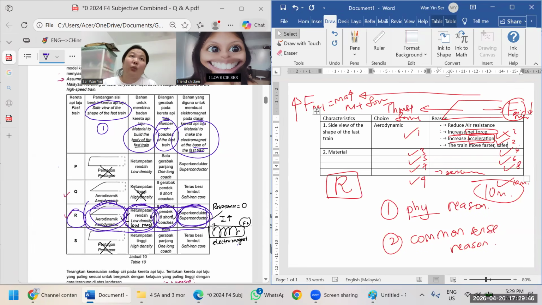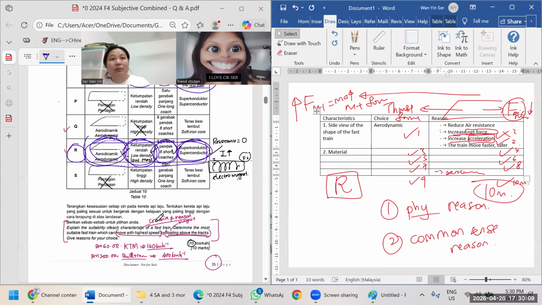Most of the time we want the physics reason first. Sometimes, not every time, a common sense reason is acceptable. So I encourage you all to write at least 1 or 2 physics reasons and 1 common sense reason.